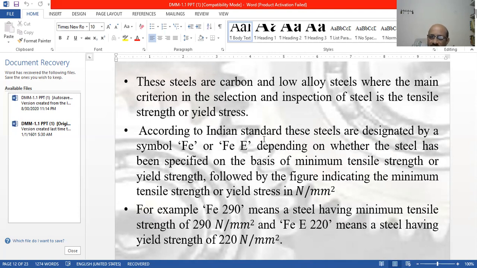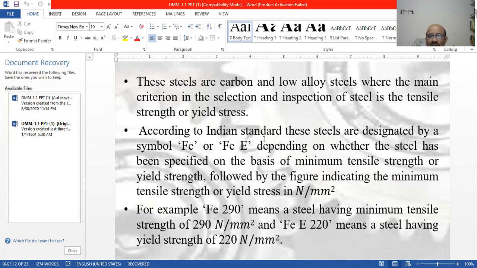And Fe E220 means that the steel has a yield strength of 220 Newton per mm square. So Fe directly means it is a tensile strength. If the designation is Fe E, then that is the yield strength.